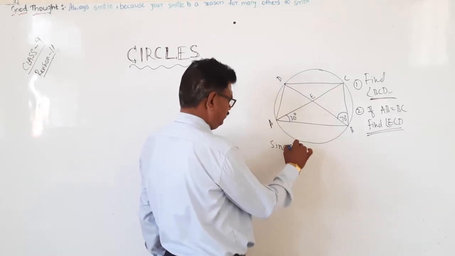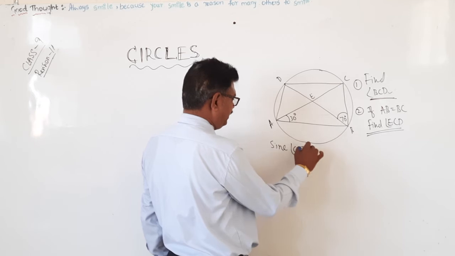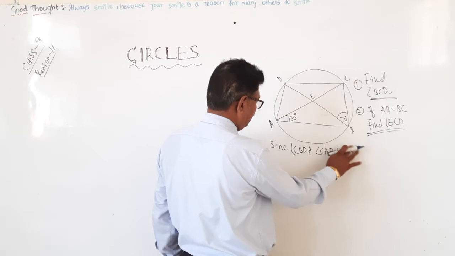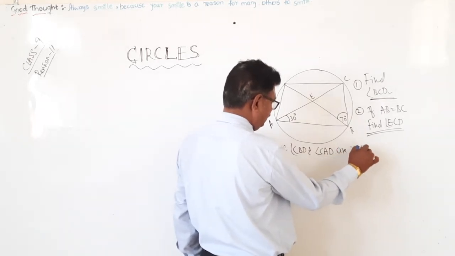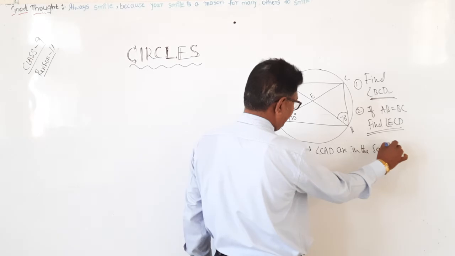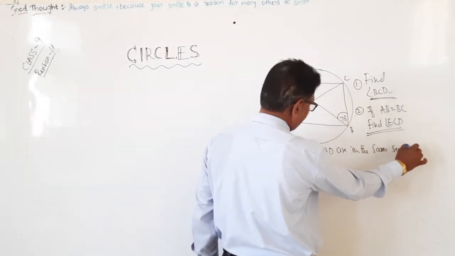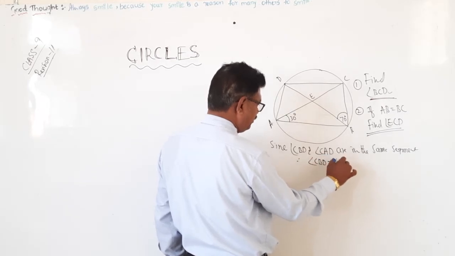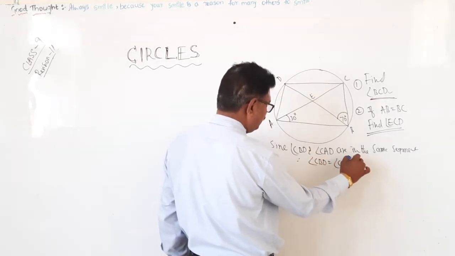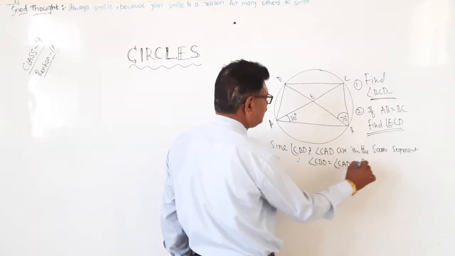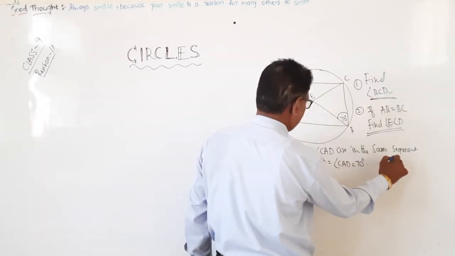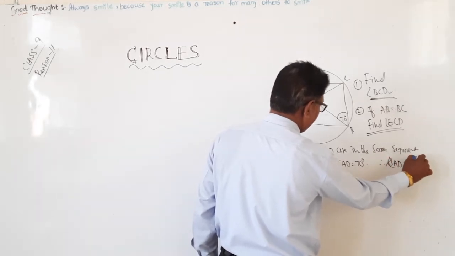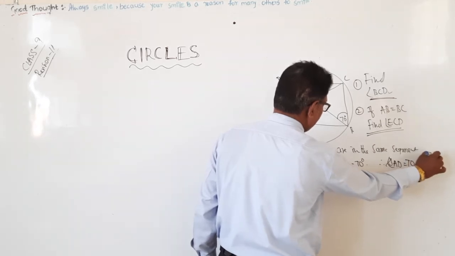Since CBD and CAD are in the same segment, therefore angle CBD equals angle CAD equals 70 degrees. Therefore, angle BAD is equal to 70 plus 30, equal to 100 degrees.